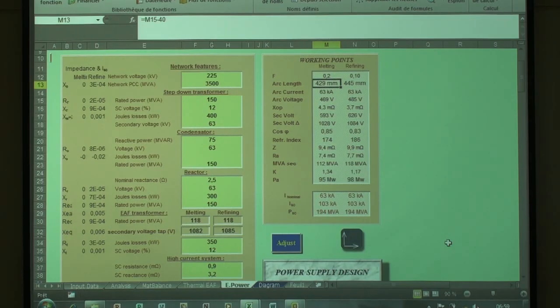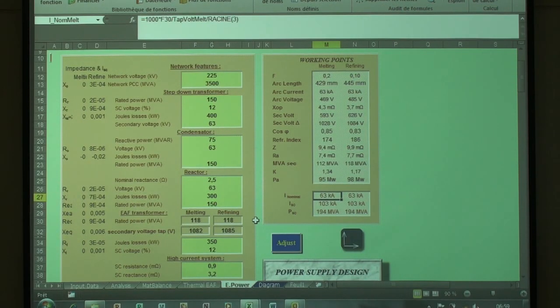This one is just to fix the working condition, because in the thermal balance I have to use the current to calculate the ohmic losses. But it gives indication what should be the tap voltage range.